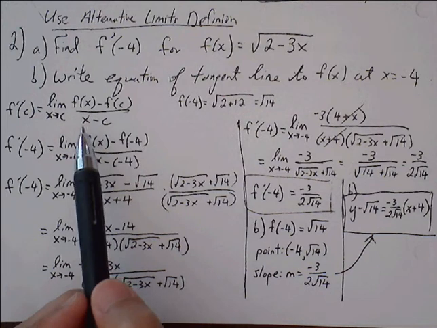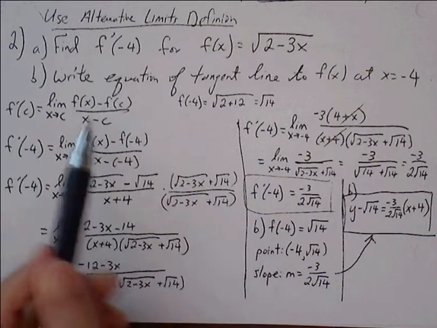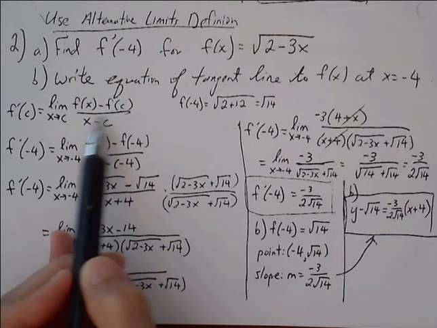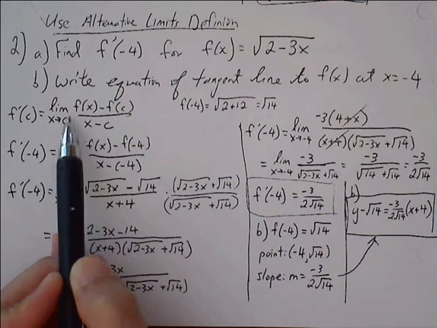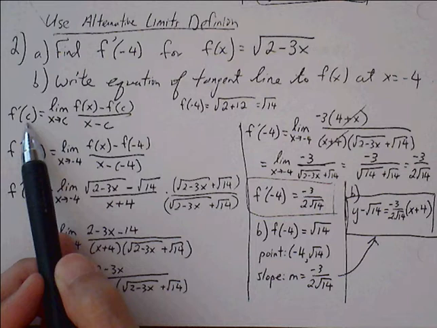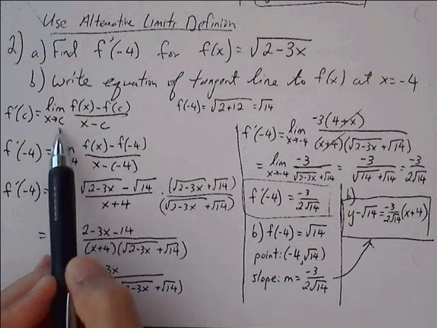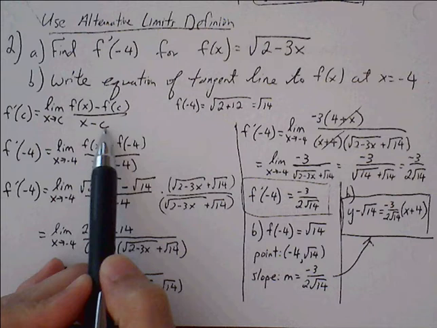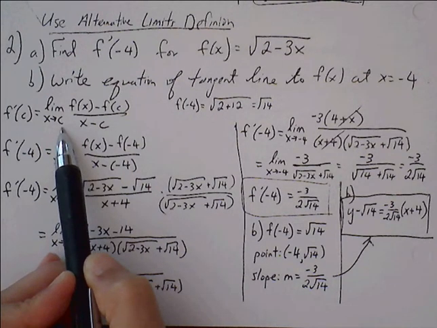But now we're trying to find the exact slope at a specific point for a curve, but we recognize this definition to have the slope components where we have the change in y over change in x. So if we want to find the slope of a curve at a specific point, we can do limit as x approaches c, f of x minus f of c, all over x minus c. c is the target x value.